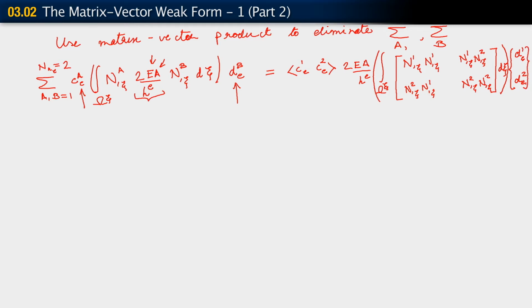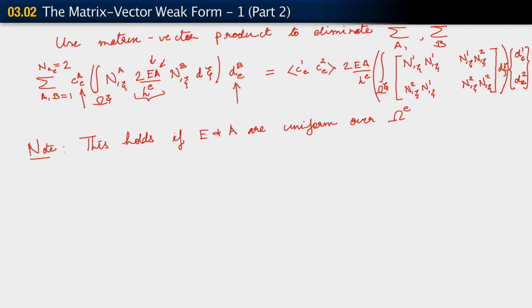All right, and I should make a note that this holds if E and A are uniform over the element omega e.